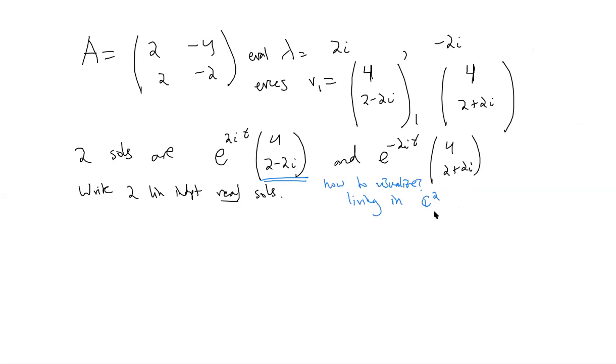It already has two components, the real and imaginary part. So taking vectors whose elements are in C means this really has 4 components. To visualize it, you'd need to visualize 4-dimensional space, which is impossible.